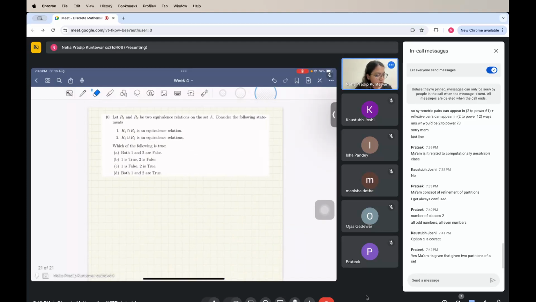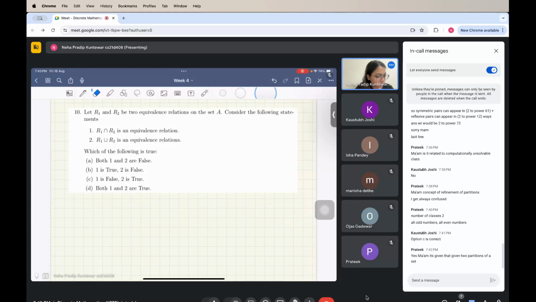Okay. So I'll just read out the question for you and then you can take some time to solve it. So R1 and R2 are two relations that are defined on the same set A, and what we know about them is that they're both equivalence relations. Now, there are two claims that we're making. The first claim is that their intersection must be an equivalence relation, and the second claim is that their union must be an equivalence relation.